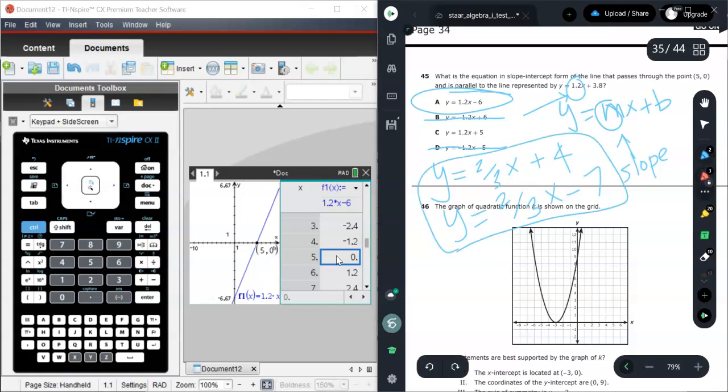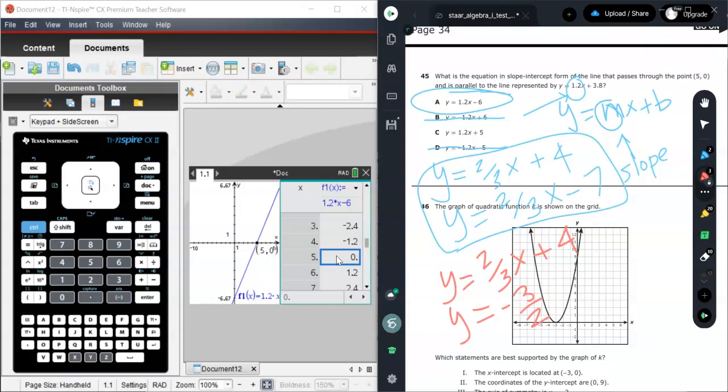If I wanted to do perpendicular, I would actually have to find the opposite reciprocal of 2/3, which is negative 3/2. I take the opposite and flip it, and that would be a perpendicular line. So you can see the difference between parallel and perpendicular.